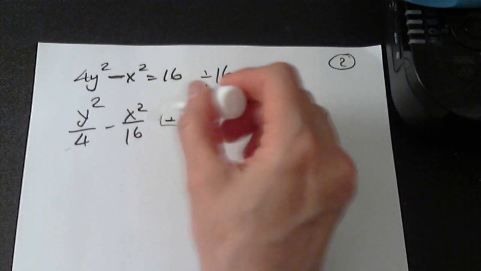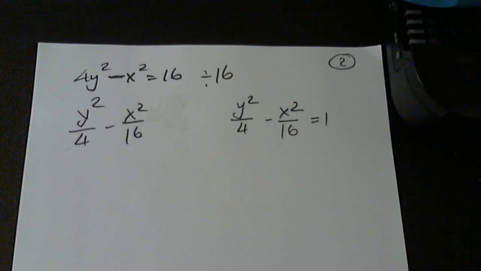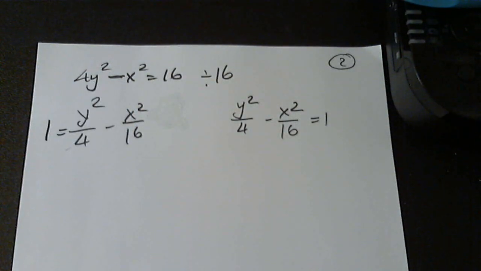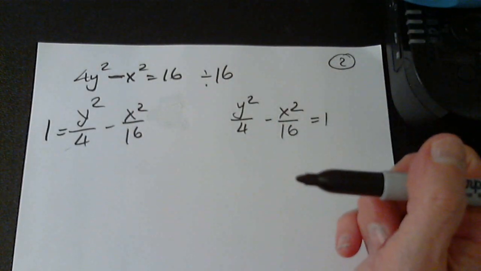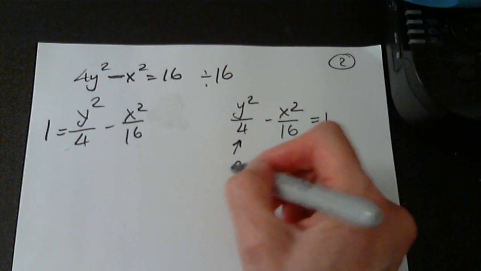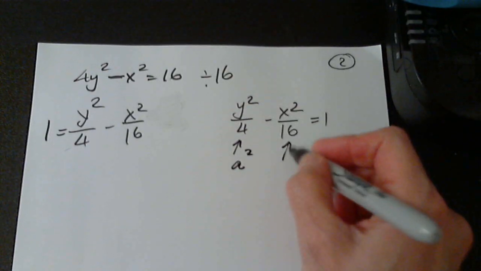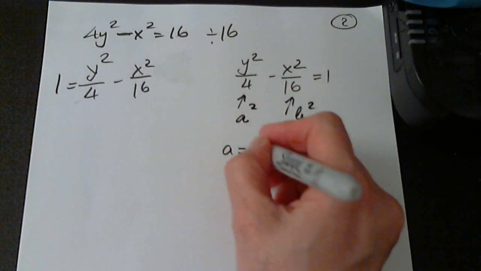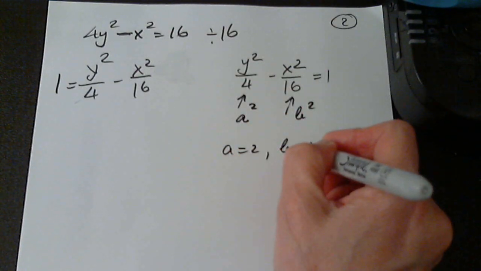So in this particular case, this is the a squared, this is the b squared. So then a will be 2 and b will be 4.